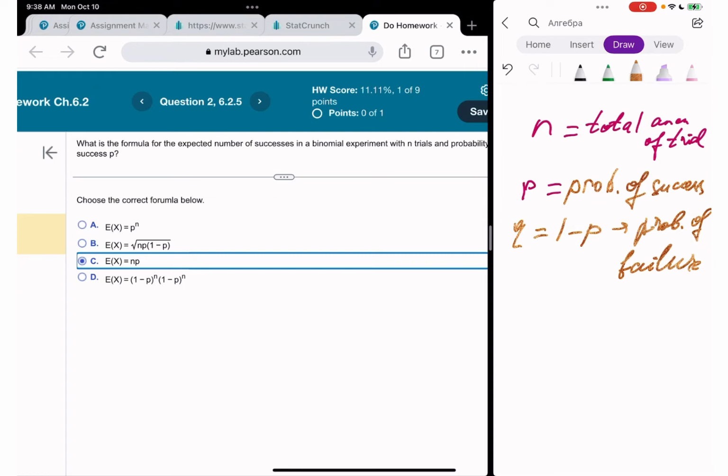So the expected number of successes, E of x, is equal to n times p, which we also call the average amount of successes. It's for a binomial probability experiment. It's also mu equal to n times p. Okay, moving to question number 3.